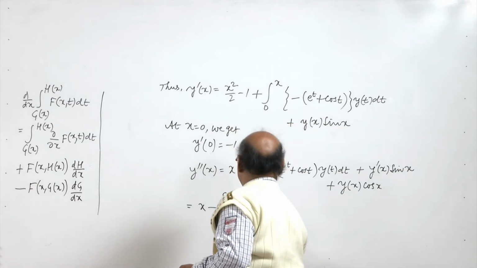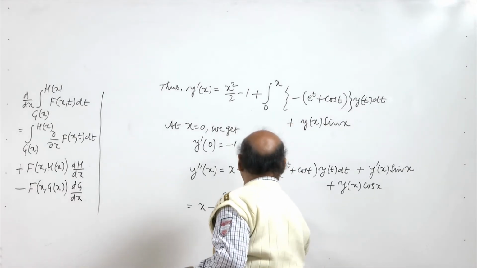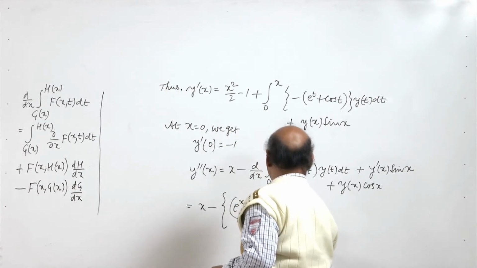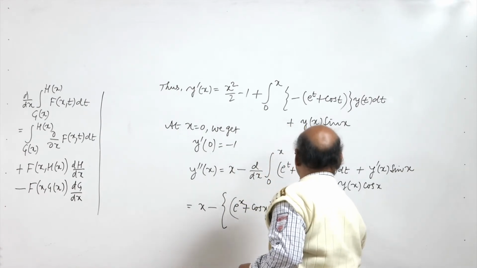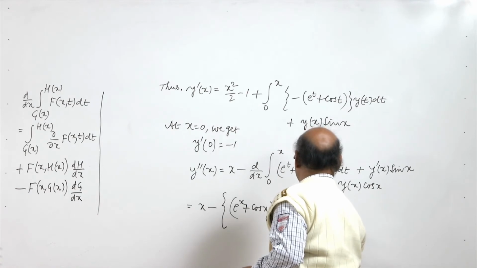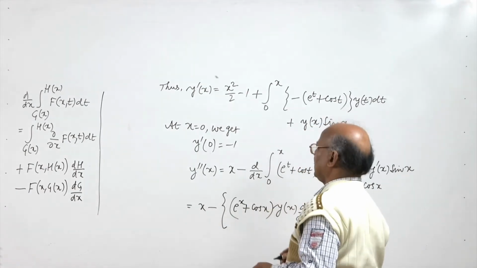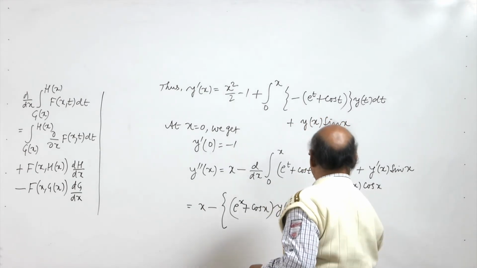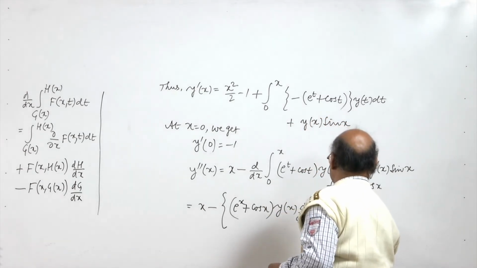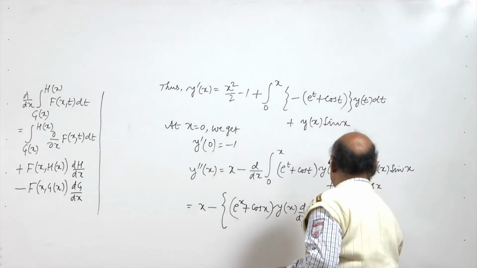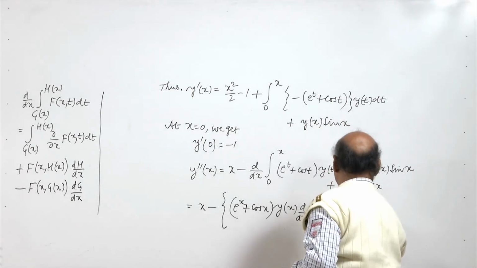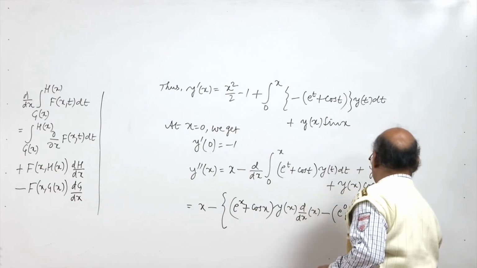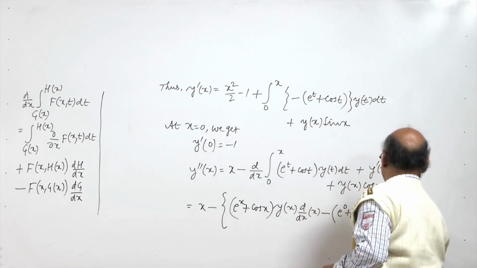So we get e to the power x plus cos x into y x into d over dx of x, and then at the lower limit is 0, so minus we evaluate the integrand at the lower limit, so e to the power 0 plus cos 0 into y 0, and then we differentiate 0 with respect to x.